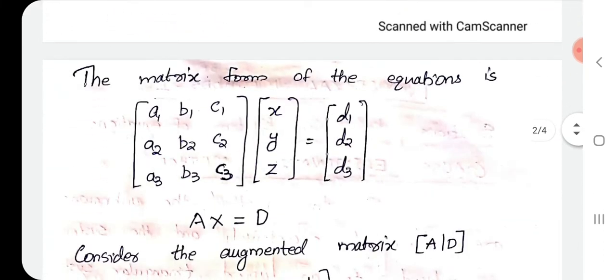Here, A is called the coefficient matrix and D is a constant matrix.